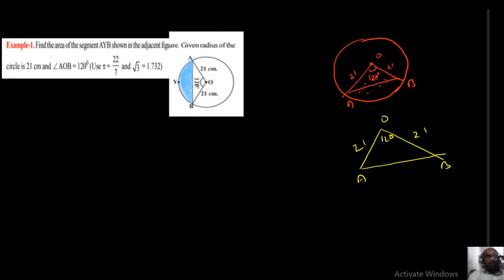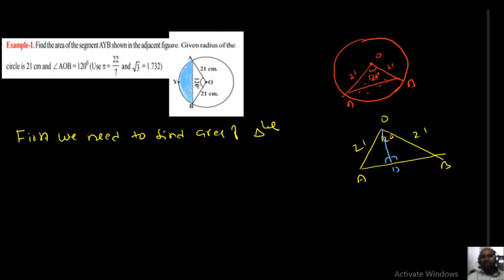First, we need to find the area of the triangle. To find the area of an isosceles triangle, drop a perpendicular from O on AB, and automatically D becomes the midpoint, because it is an isosceles triangle.